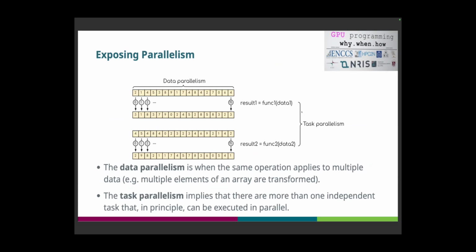For example, if you are cooking, one task is cutting the vegetables for the salad, and the other task is grilling the meat. These two operations can be done at the same time. Of course, we have to balance them correctly so that they finish at the same time.